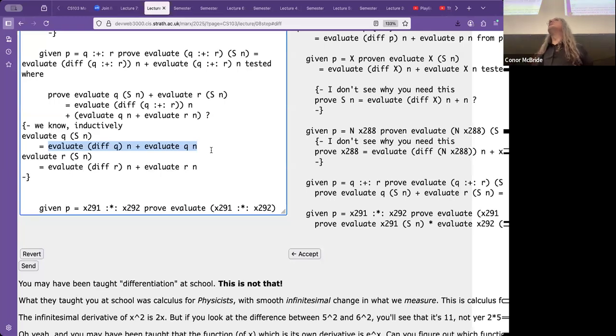Then the question is, is it a sensible move to make, right? Not all moves that you know how to make are good moves. But would we like to see evaluate diff Q at N? And would we like to see evaluate Q at N? Look at the right-hand side of the goal.